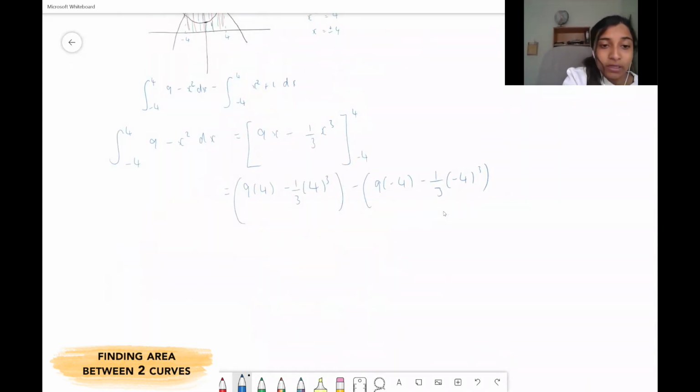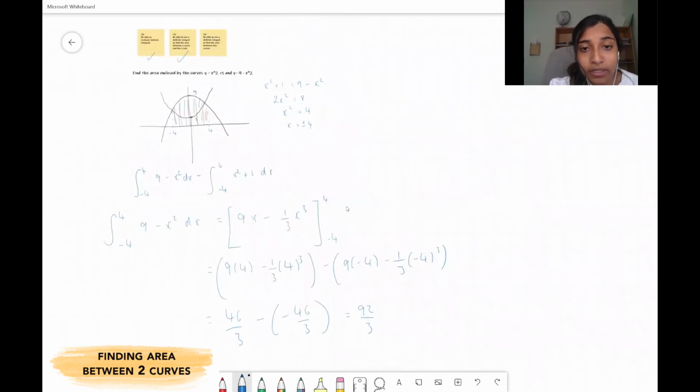And then if we plug that into our calculator, we would get that is equal to 46 over 3 minus minus 46 over 3. So that's just equal to 92 over 3.